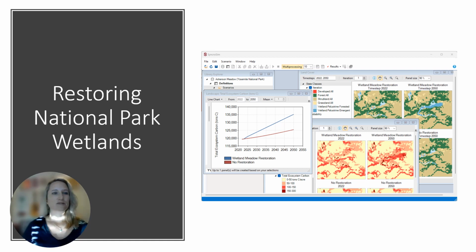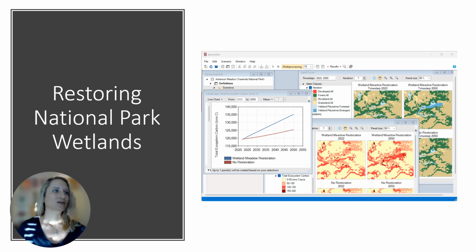This is an example of some of the work we're doing in Yosemite, where the restoration activity is focusing on the conversion of bare ground erosional gullies to montane wetlands or meadows. And so we're showing here the user interface in SyncroSim. We can see on the bottom right the change in land cover from 2022 to 2050 with the proposed restoration.